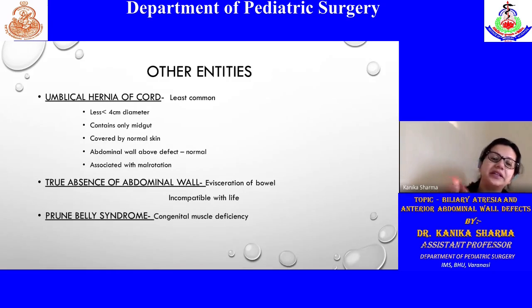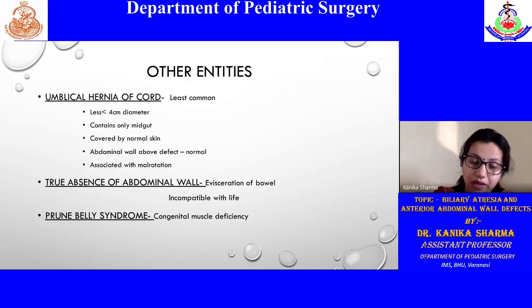The other entities which are part of anterior abdominal wall defects are umbilical hernia of the cord, which is a very rare event, where only midgut comes out into the umbilical cord. This entity holds importance especially for the physician who is clipping the umbilical cord.